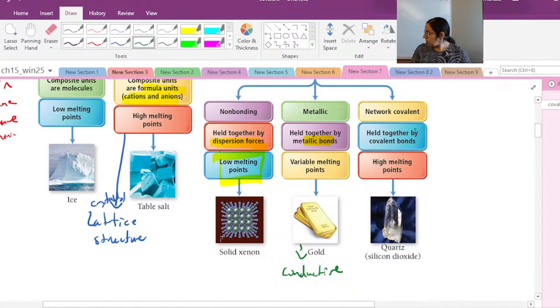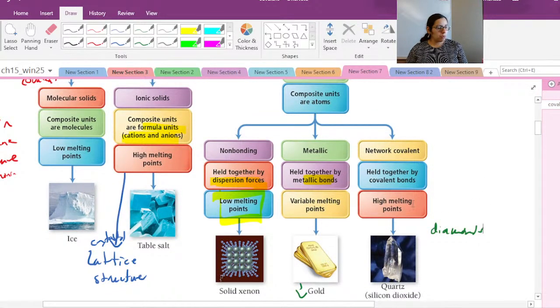And again, I think we'll look at the distinction today, hopefully, about what it's trying to get at. And so these would be held together by covalent bonds. So silicon dioxide is in there, but I would also put in there diamond. So just a repeating covalent structure. But again, we need to look at what this really means.